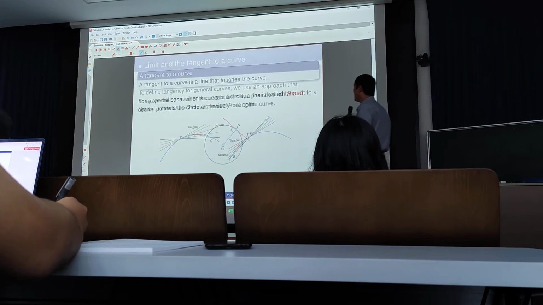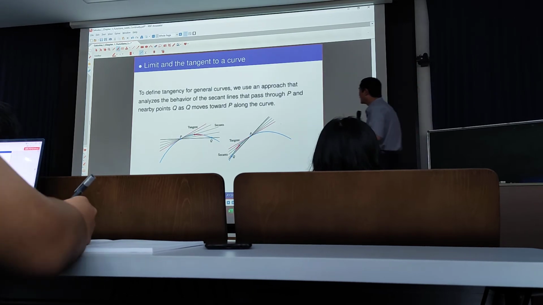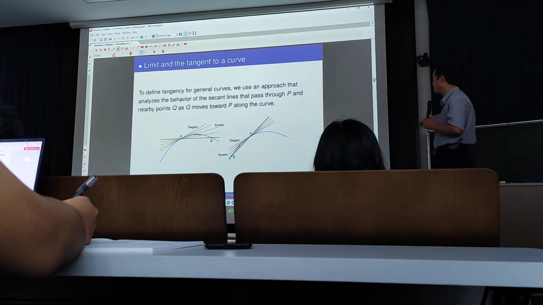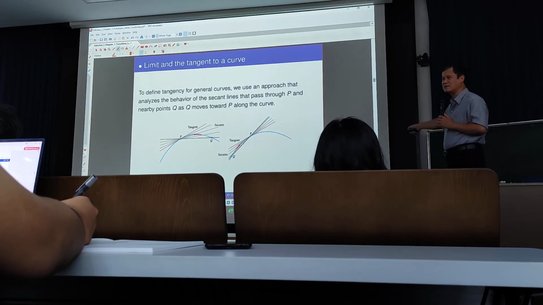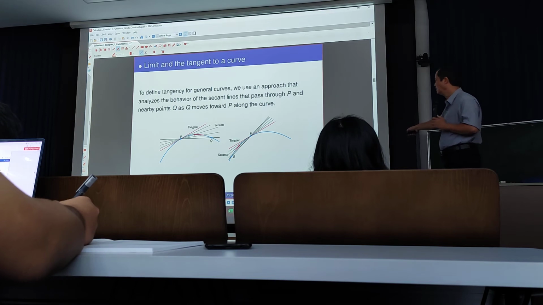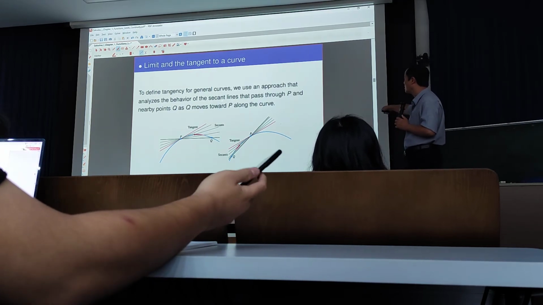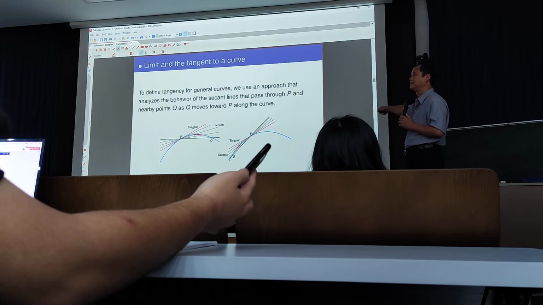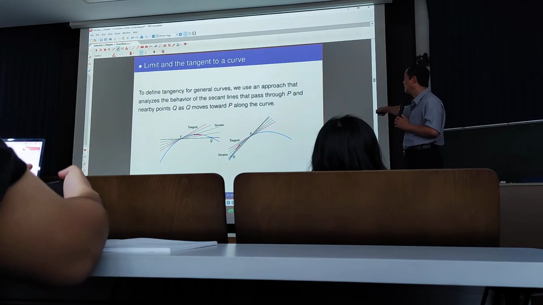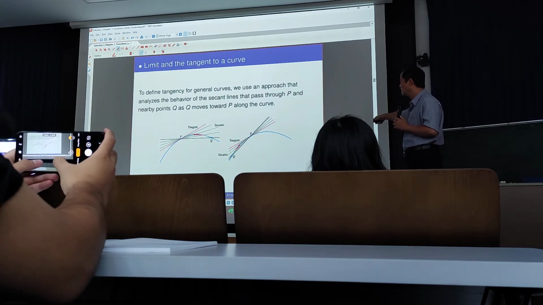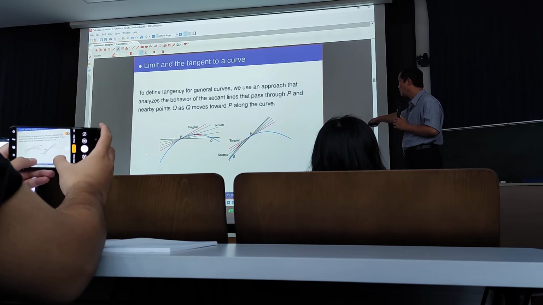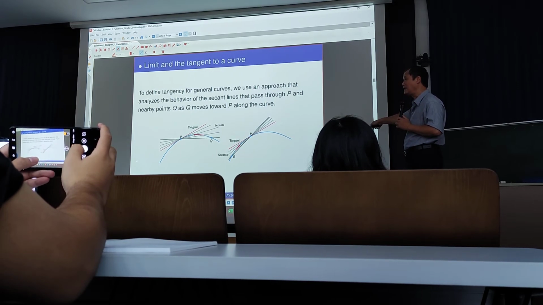Okay? So, for a general curve, we have to talk about the so-called secant. A secant means you take a fixed point P, where you want to find the tangent line.